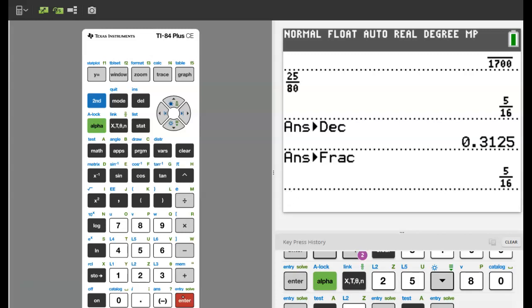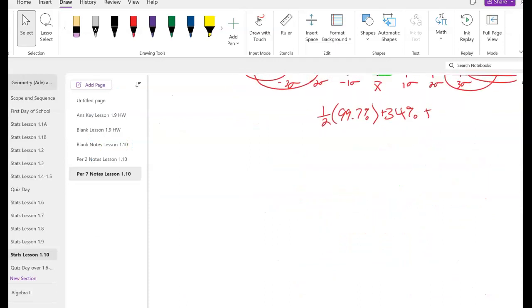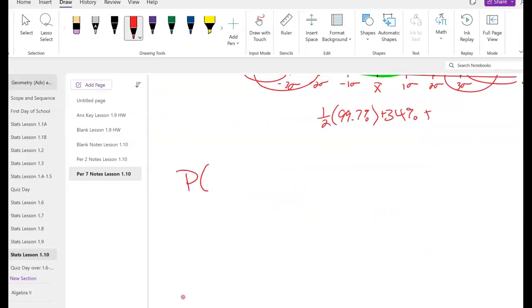If you give me a fraction that's not in simplest form, it is wrong. Even when you're doing odds, okay? If you're doing odds, let's just say the probability of getting an A is, let's just say, 5 out of 15. Okay.